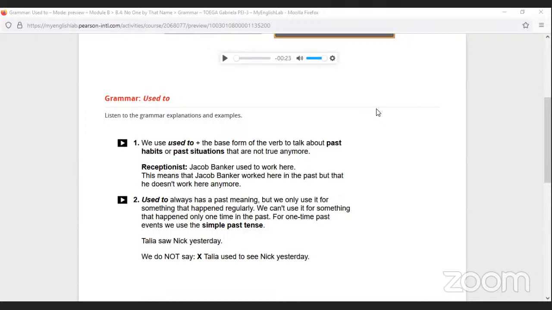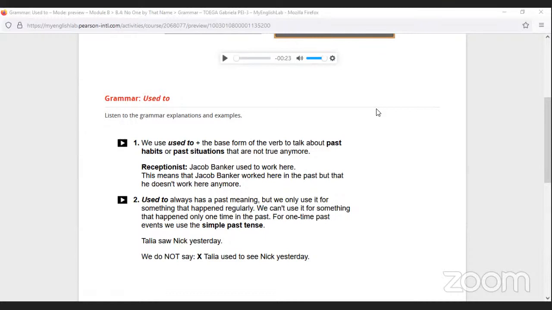So we can say, for example, when I was a kid, I used to play soccer. So right now I don't play anymore because I don't like it, for example.